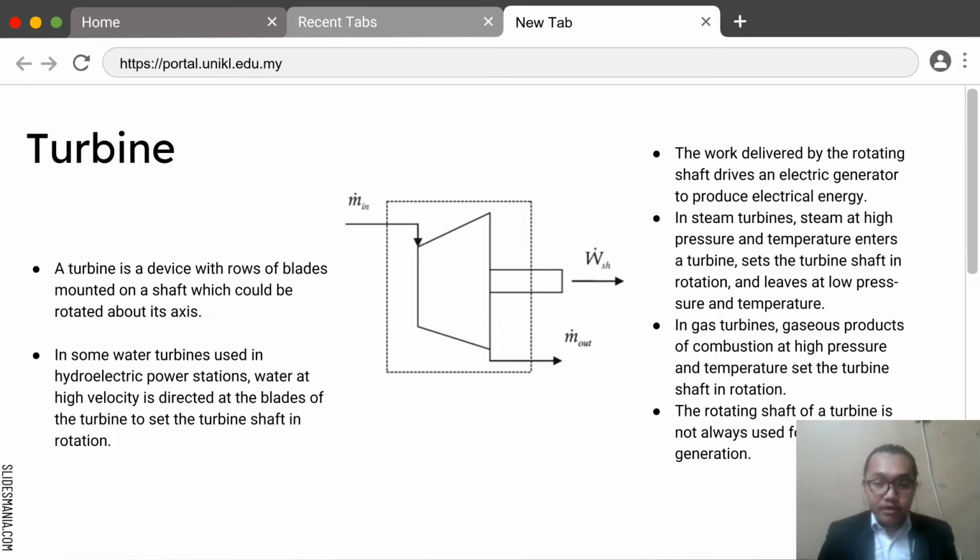However, if this change is small compared to the change in enthalpy, then the change in kinetic energy may be neglected, which clearly shows that the shaft work delivered by an adiabatic turbine is derived from the enthalpy loss by the fluid flowing through the turbine.